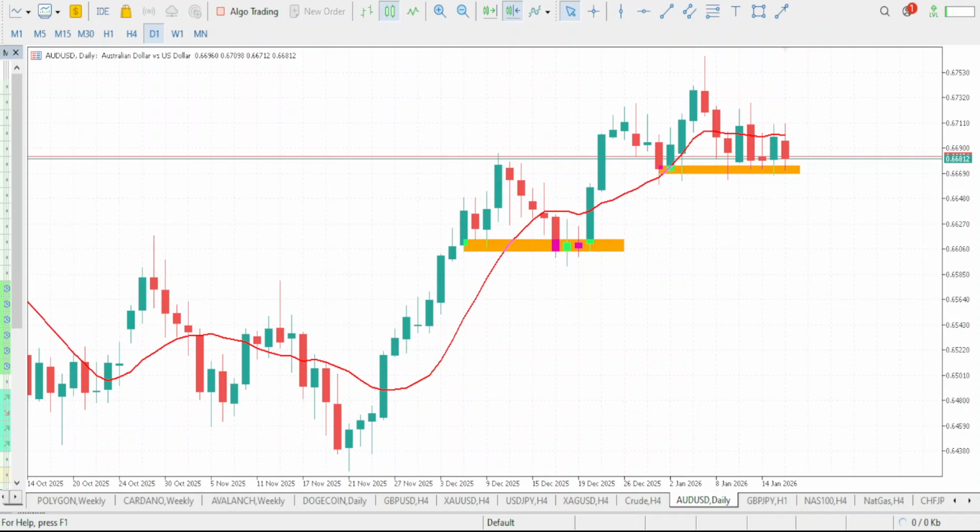Back to our analysis on our AUDUSD. So this is the high that AUDUSD gave us, and then here comes the higher low. This is also the higher high that AUDUSD gave us, and here comes the higher low. Here is the higher high that AUDUSD gave us, right? And this is our higher low. Now that we've gotten this higher low, right?